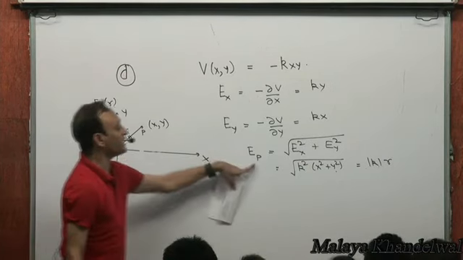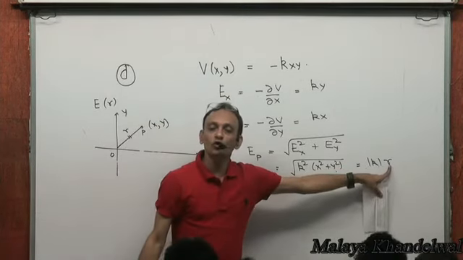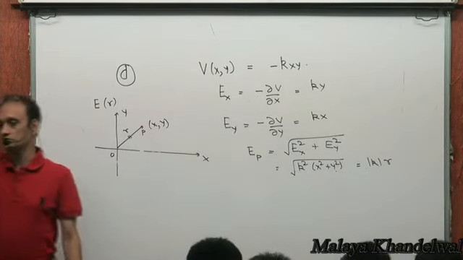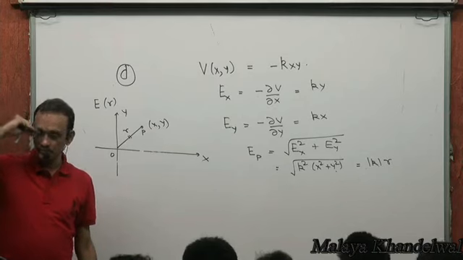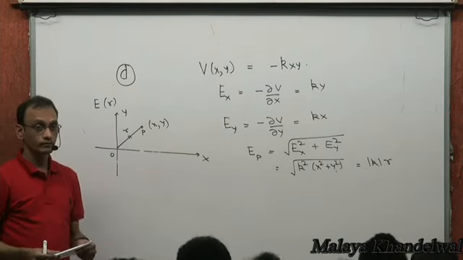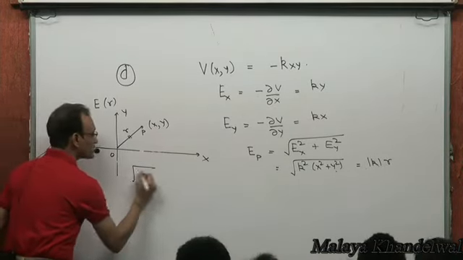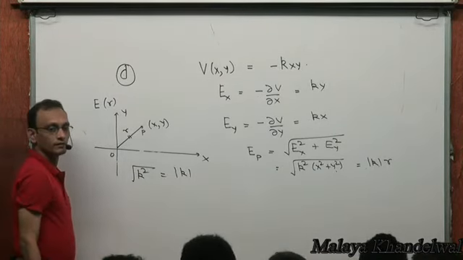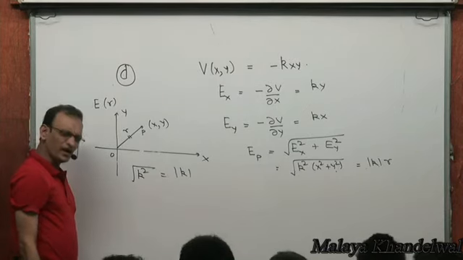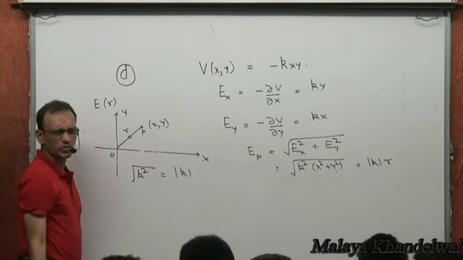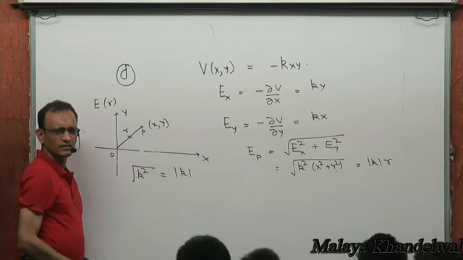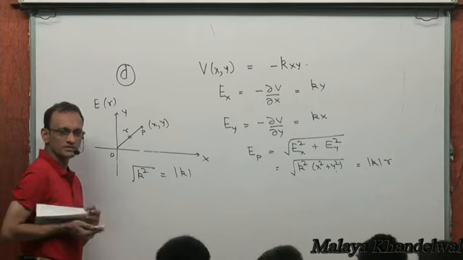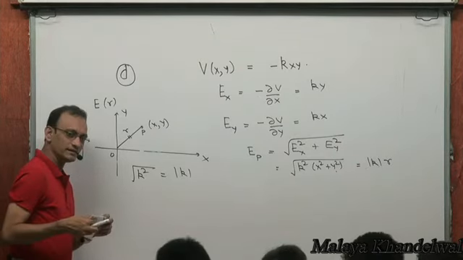So the electric field at any point P will be directly proportional to r, the distance from the origin, for this situation, right? Root k squared will always be mod k, isn't it? Where is it said that it has to be positive? This k is not 1 by 4 pi epsilon naught. This k is just some constant, right?